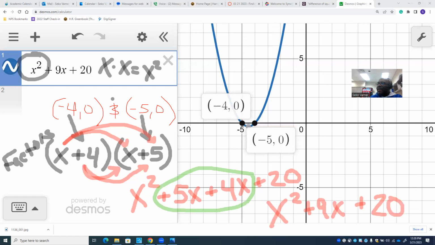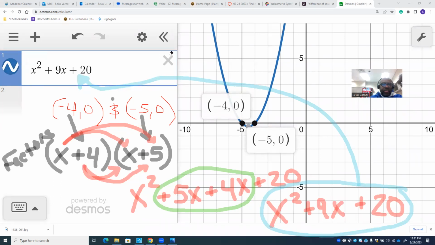Now, here's the very, very interesting thing. This is the same as this. Do you see that? They are the same thing. X squared plus 9x plus 20, x squared plus 9x plus 20.